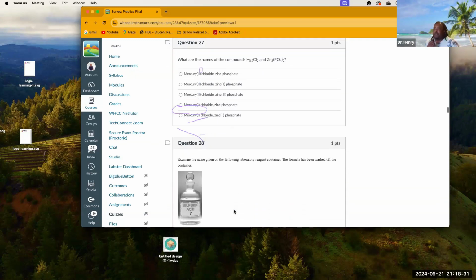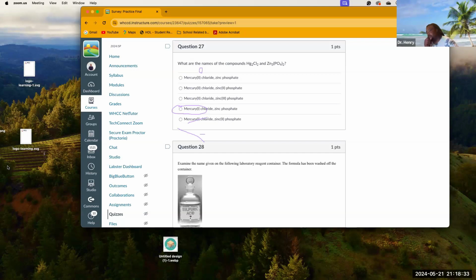Okay. Number 27. What are the names of the compounds Hg2Cl2 and Zn3(PO4)2? I always have to catch myself on these type of questions because I want to say the name.